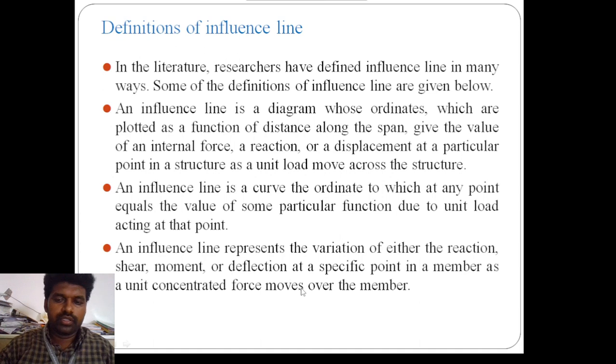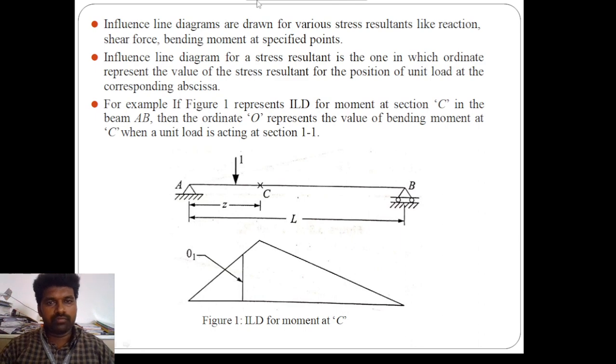As I already told, the moving load moves from one end to the other end of the beam. The influence diagrams are drawn for various stress resultants like reaction, shear force, and bending moment at specific points. An influence diagram for a stress resultant is one in which the ordinate represents the value of the stress resultant for the position of the unit load at the corresponding location.